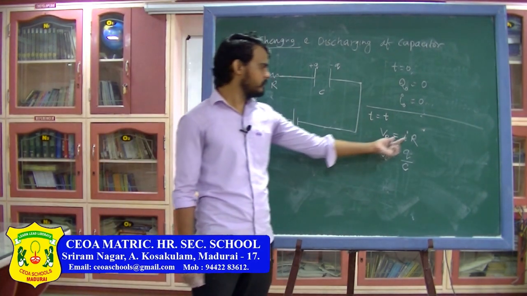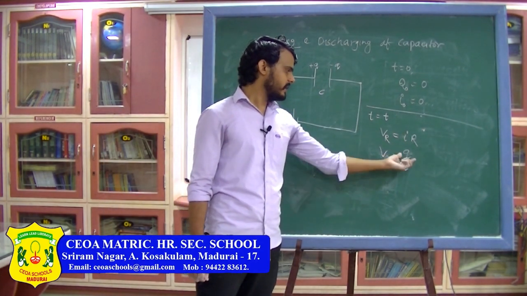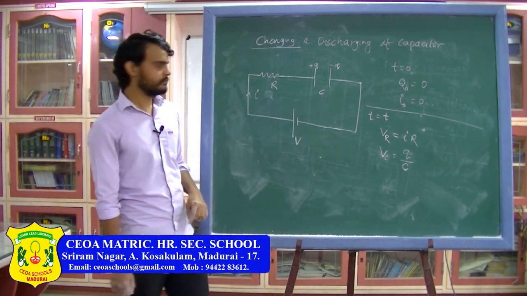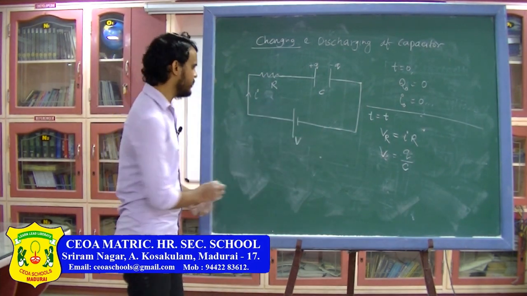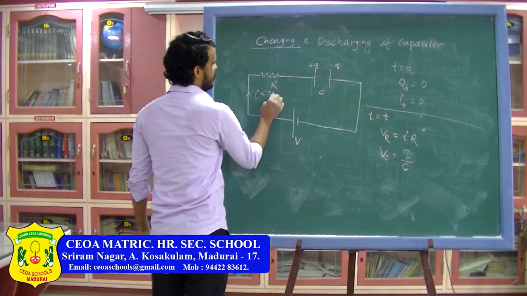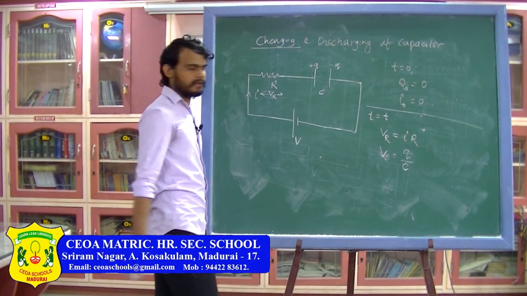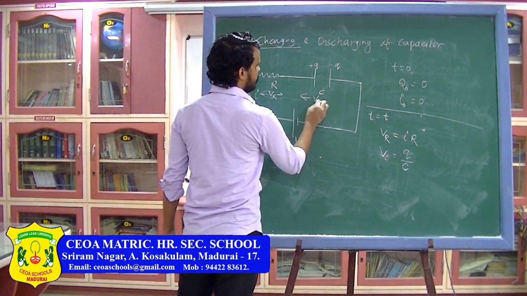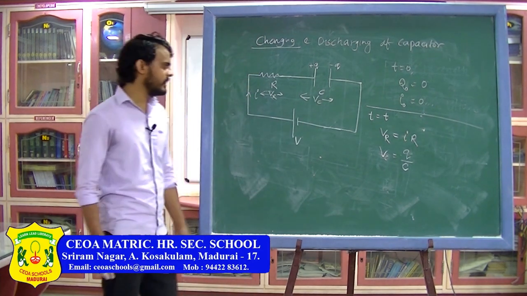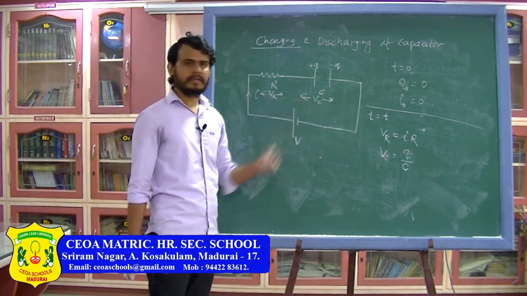Now we have to find the value of I and Q with respect to time. So from this circuit, the potential across the resistance is VR and the potential across the capacitor is Vc.